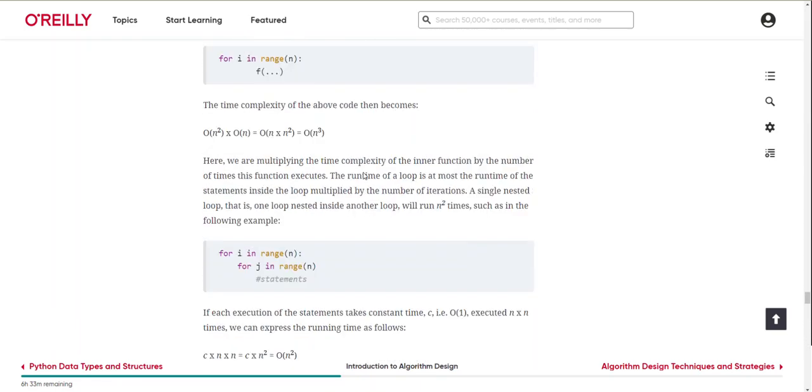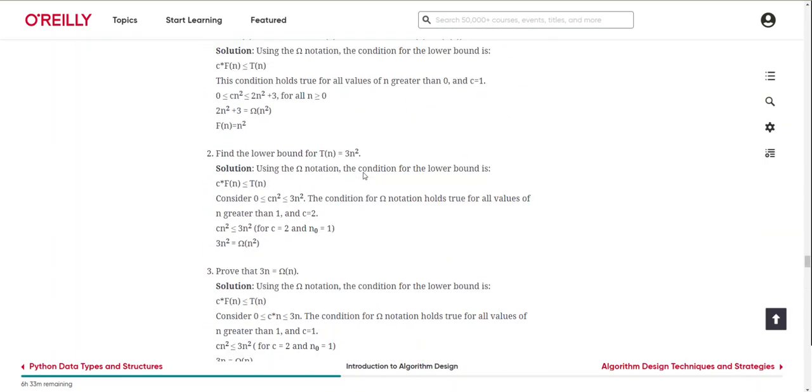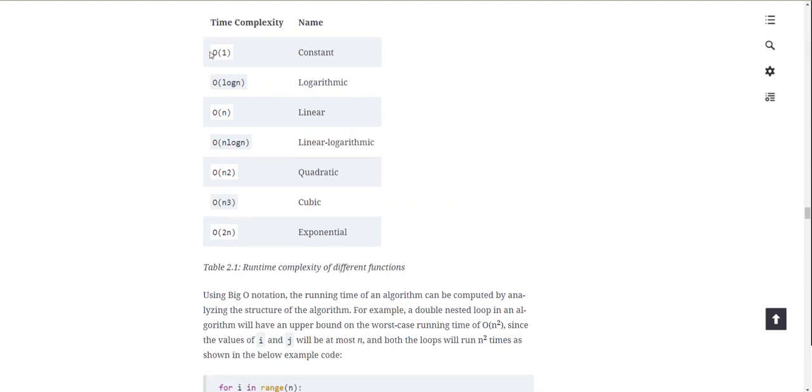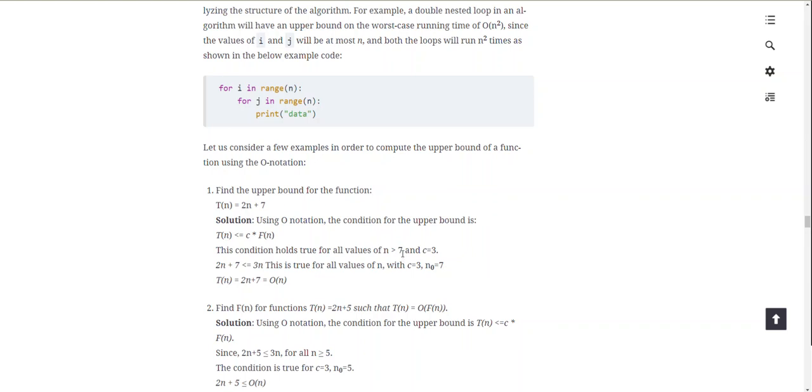You've got multiple choice questions, and you'll scroll up here and decide which it is: constant, logarithmic, linear, quadratic, cubic, what is it? So you'll see a block of code and you've got to figure out what the time complexity is on it. How bad could it get? One of the other things that you're going to do in this module is a discussion about time complexity and why we worry about doing this.